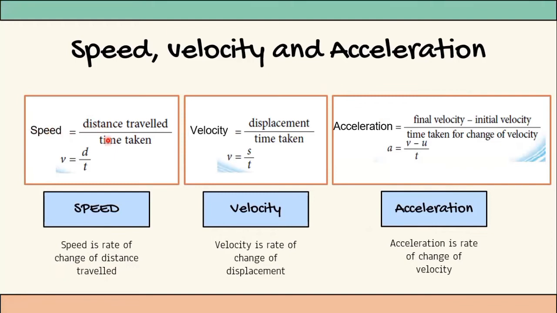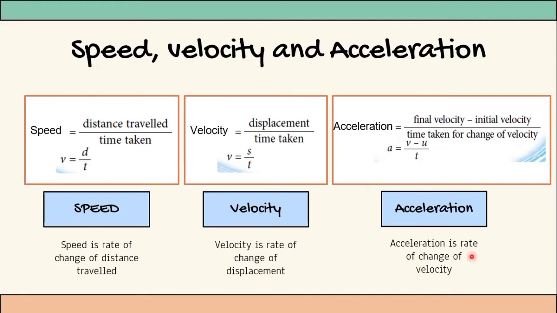The formula is distance traveled divided by time taken. Velocity is the rate of change of displacement, where the formula used is displacement divided by time taken. What can you see as the difference between speed and velocity? For speed we use distance, for velocity we use displacement. Yes, very good.